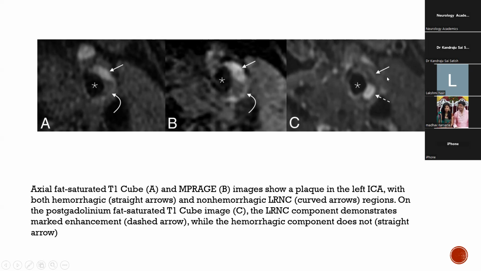And in the post-contrast image, here in A and B, the hyper signals are the hemorrhage, which appears as hypo in the contrast. And the hypo signals in A and B represent the lipid-rich necrotic core, which enhances on post-contrast.